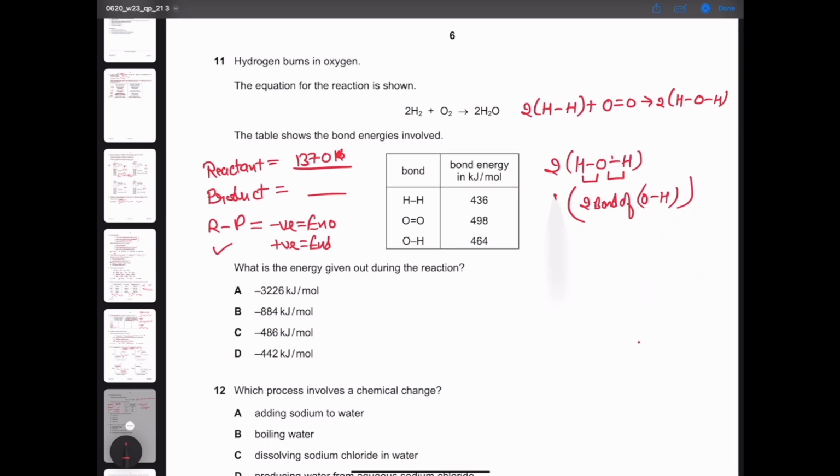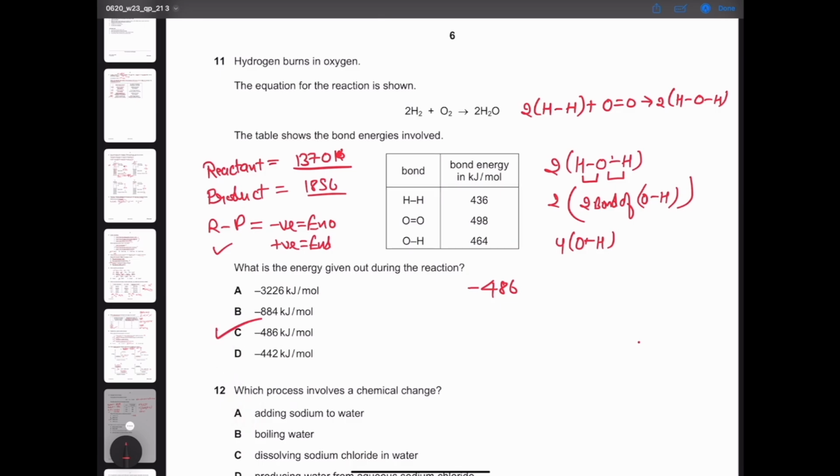So there should be 4 times oxygen hydrogen bonds. Alright. So 4 times 464, which is 1856. Now you simply do reactant minus product, which is 1370 minus 1856. So negative 486 is the answer. Answer should be C. Alright.